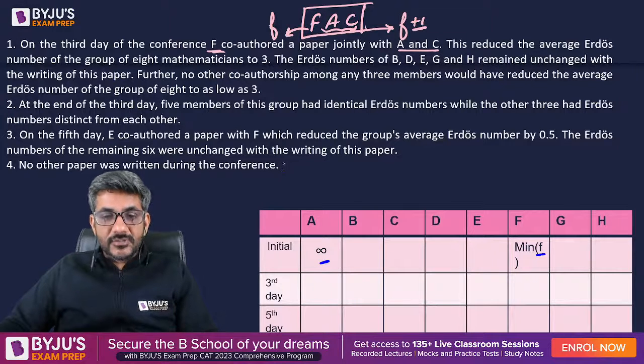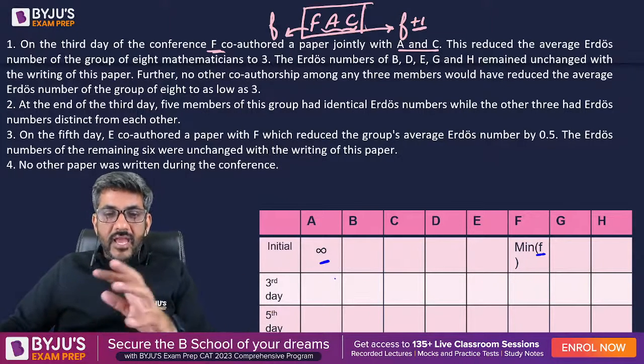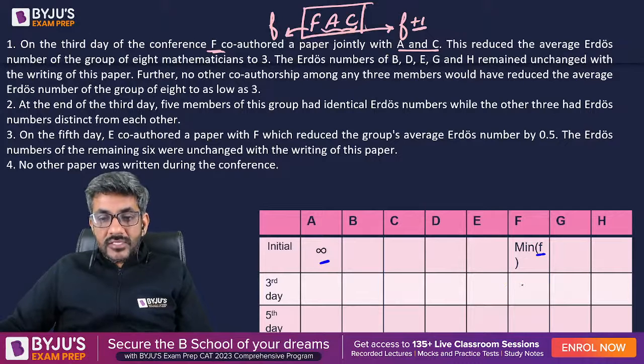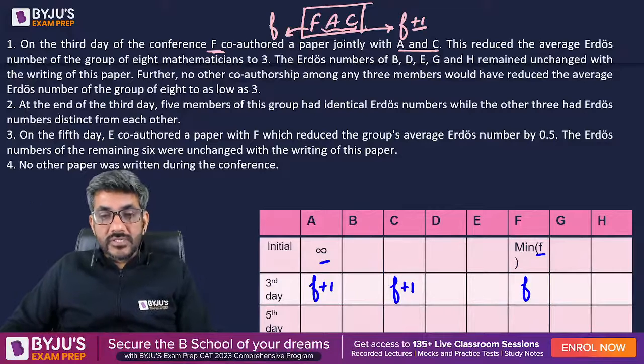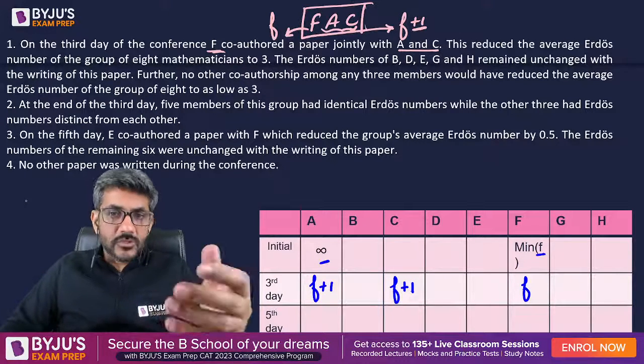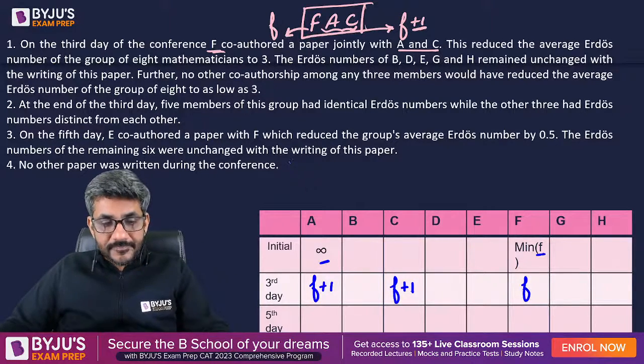So can I say in this process, on the third day, if F, A, and C co-authored a paper, the ERDOS number of F would remain F, but for A, it would become F plus 1, and for C, it would become F plus 1, right? Their ERDOS numbers would become F plus 1, F plus 1. This was already mentioned there to us.